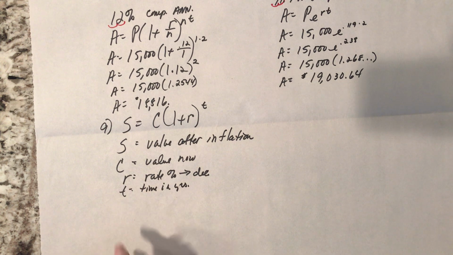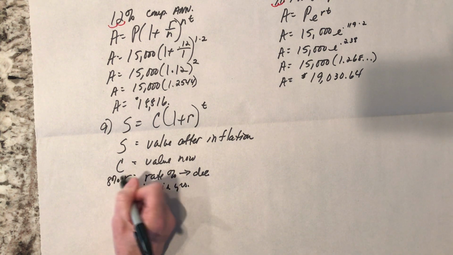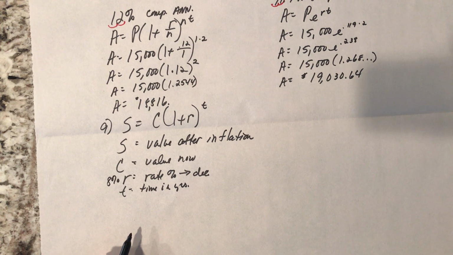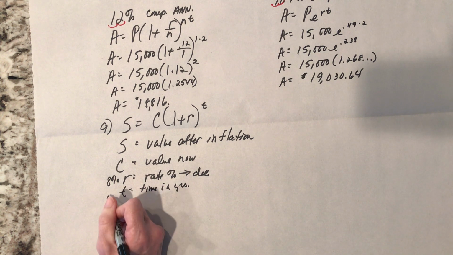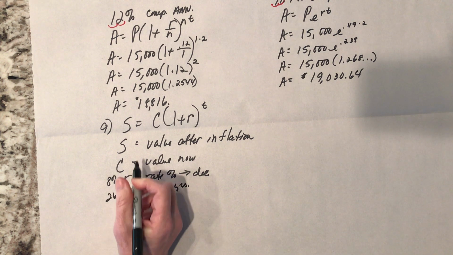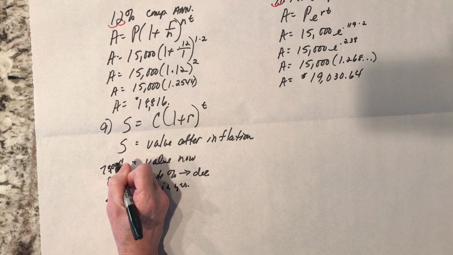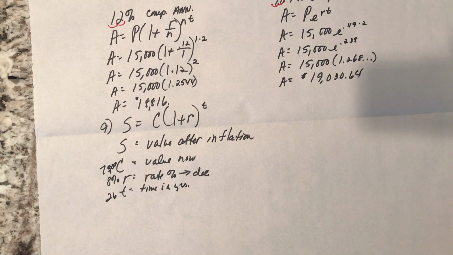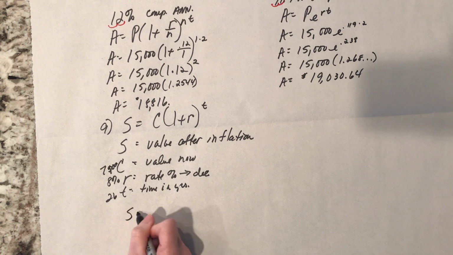If the rate is 8%, how much will a house now worth $75,000 be worth in 26 years? So we have 75,000 for the house value, and we're wondering how much it'll be worth in 26 years. We don't know what that is.